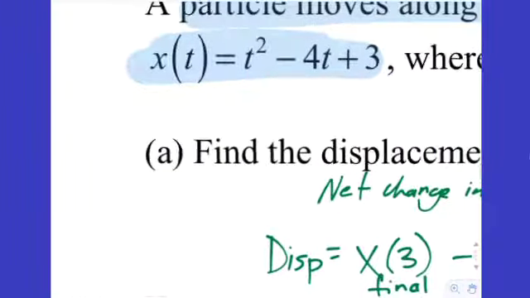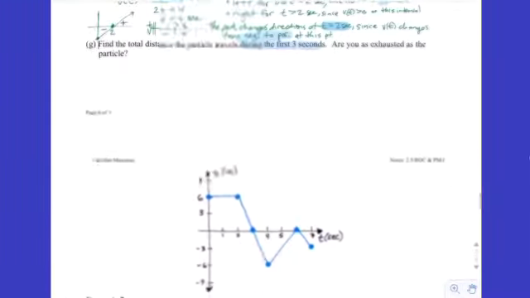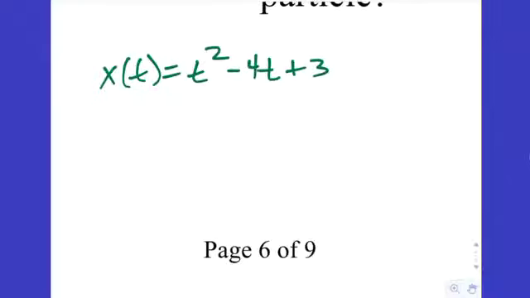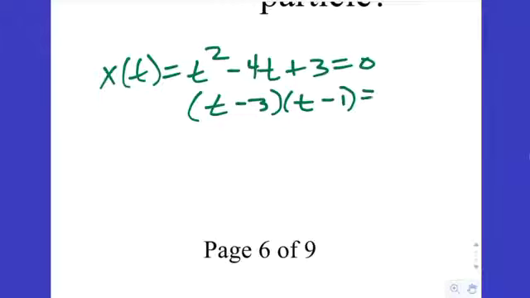Let's take a look at x of t, the position function, okay? I'll do it right here. Let me redraw it. X of t is equal to t squared minus 4t plus 3. That's a parabola that opens what? Up, down, left, or right? Or inward? Up. Okay, good. If I set it equal to 0, I can find the x-intercepts. Let's factor it. T minus 3, t minus 1.